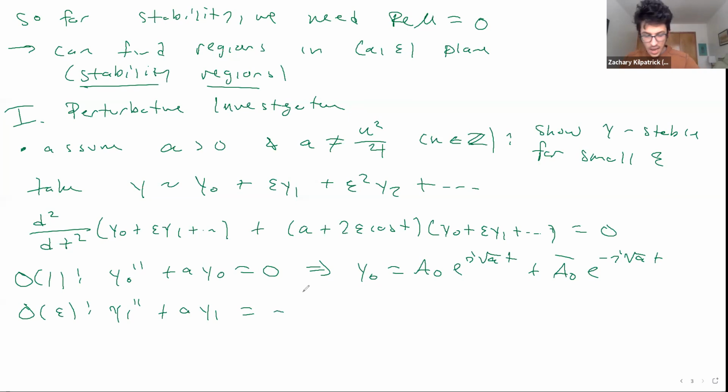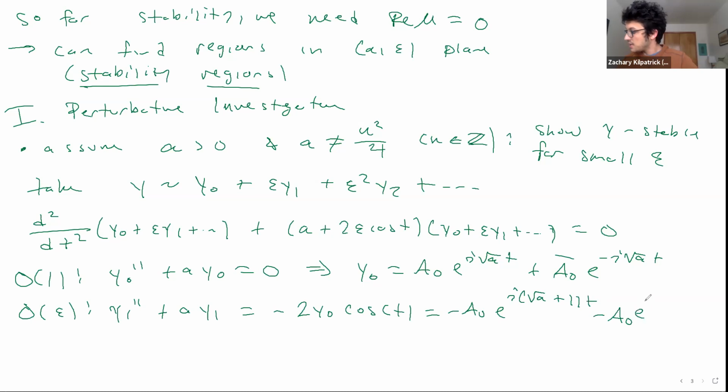So in this case, we're going to have minus 2y0 cosine t. It's helpful to convert this to complex exponentials, and then if we multiply out, we get minus a0 e to the i square root of a plus 1 t, minus a0 e to the i square root of a minus 1 t, and then plus the complex conjugate of those pieces.